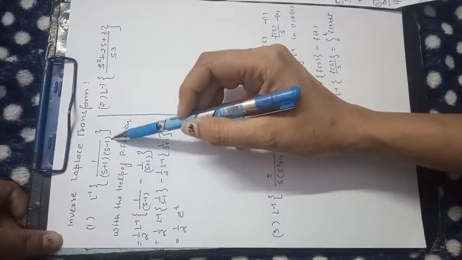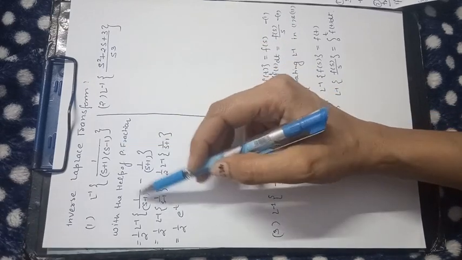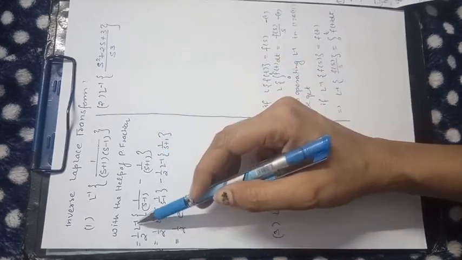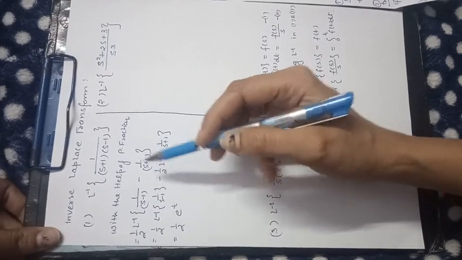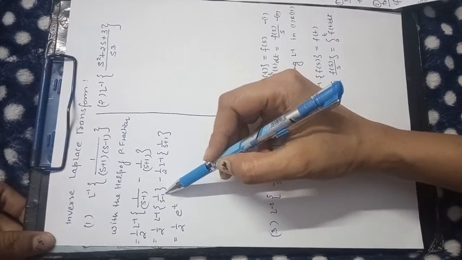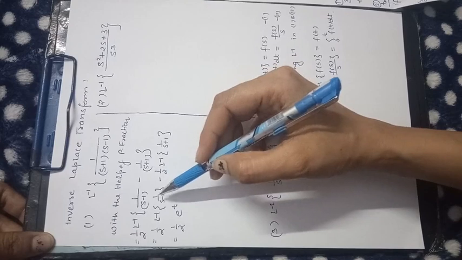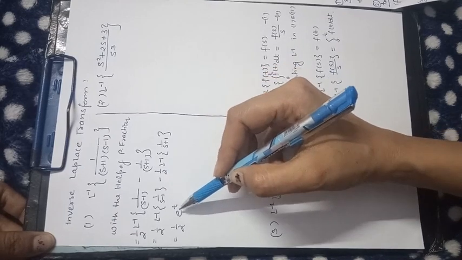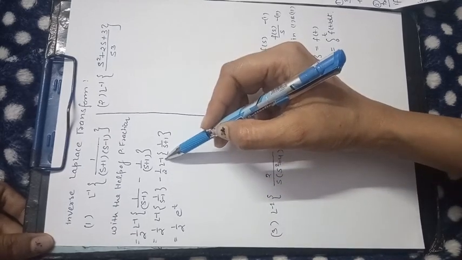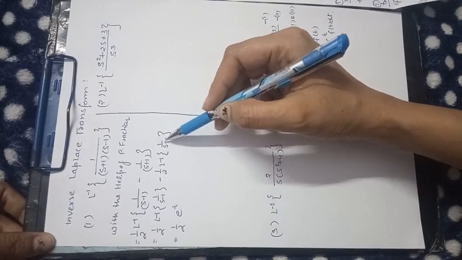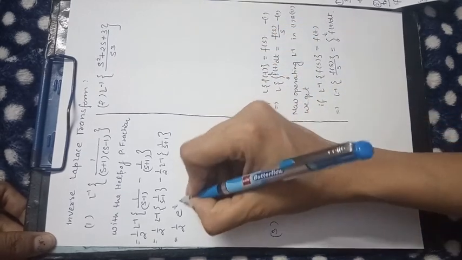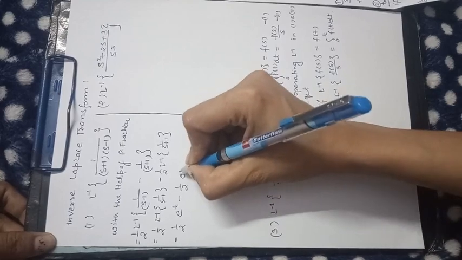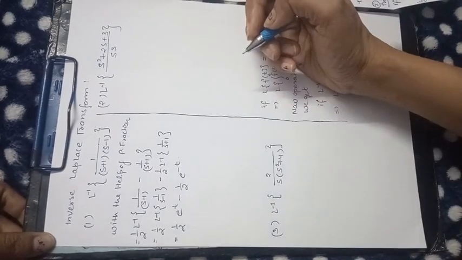With the help of partial fraction you have to separate this function into two parts. Now operate L inverse on both parts separately. The first part, inverse Laplace transformation of 1 upon s minus a with the formula is e raised to power t, and inverse Laplace transformation of 1 upon s plus a with the help of the formula is e raised to power minus t.